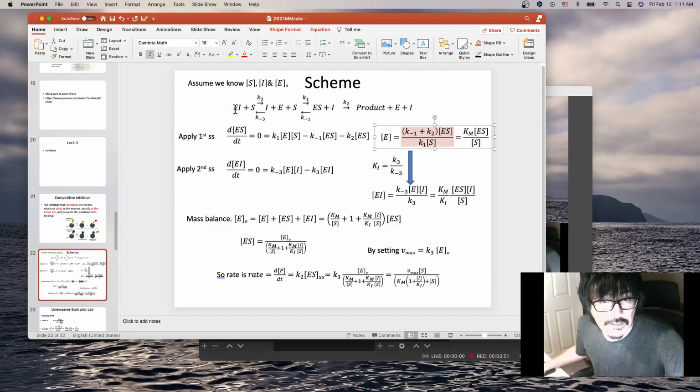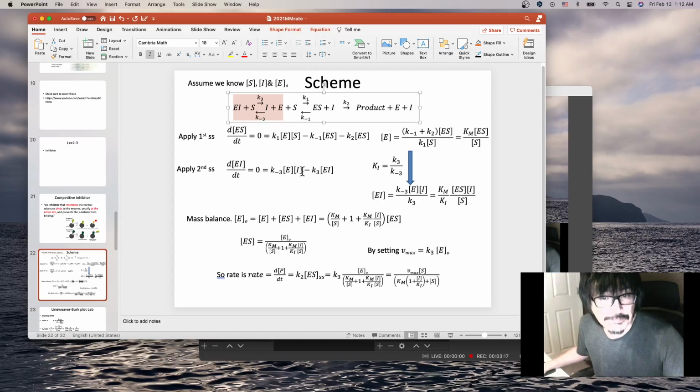Let's think about this portion right here. So the formation of EI is constant, so the concentration of the EI doesn't change, right? So the EI can actually be formed by going backward, the k minus 3.